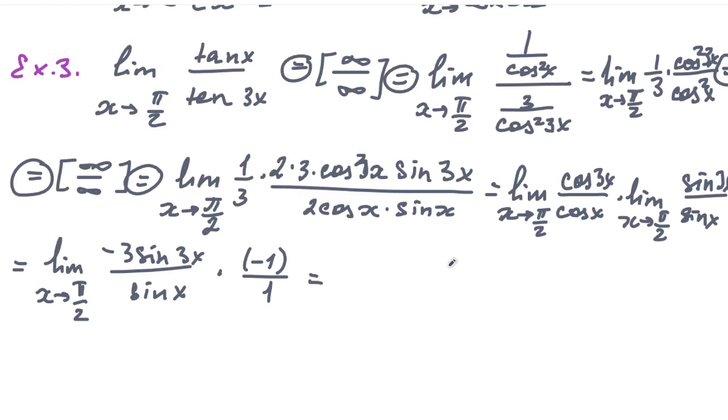And here we have 3 times minus 1 over 1 times minus 1, but just 3. Example 4.